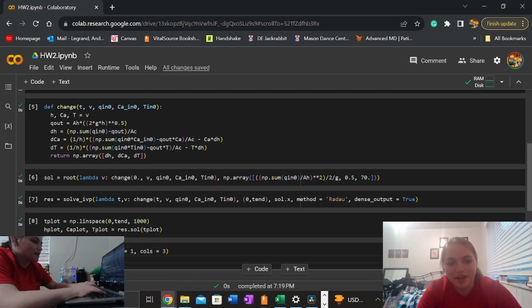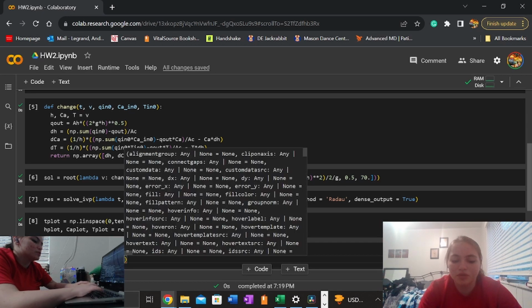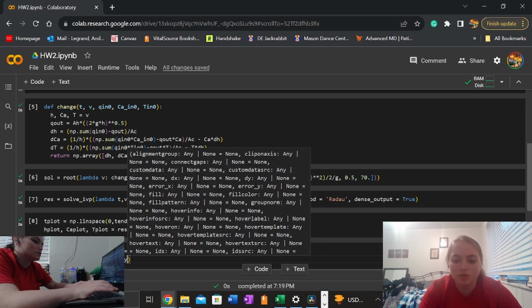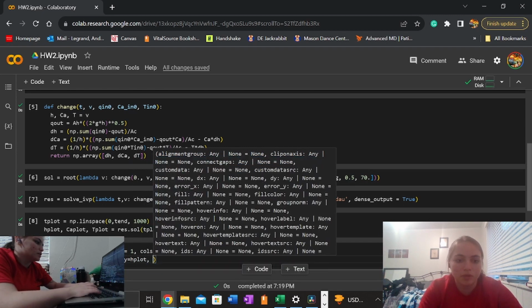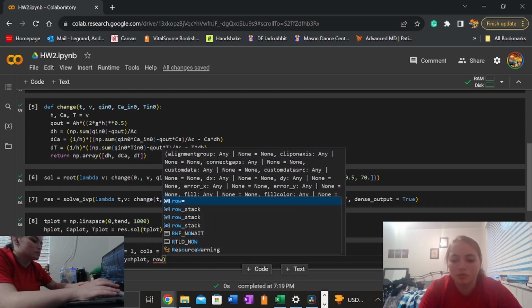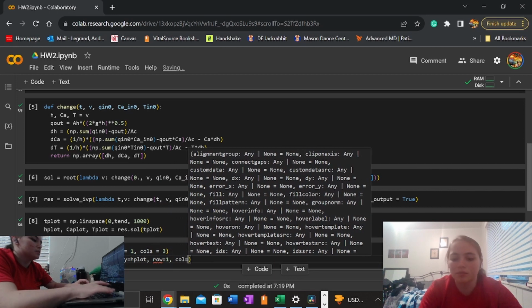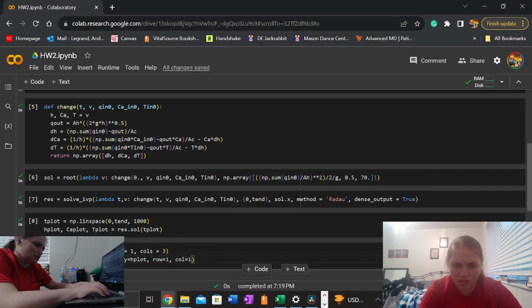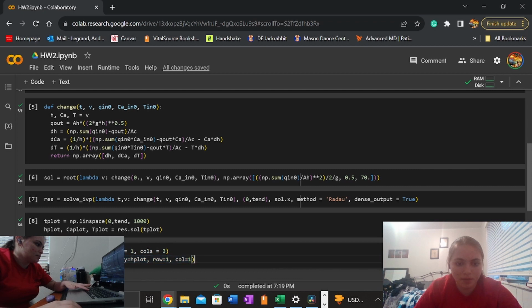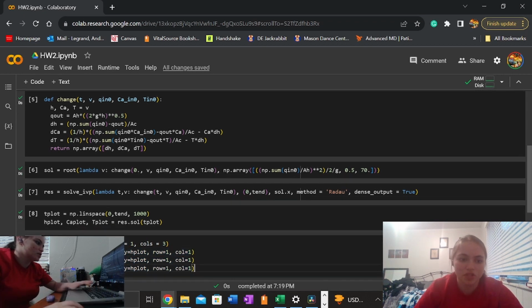Alright, now we can do our x is equal to t_plot, and then our y is equal to h_plot, because this is the first plot. And then we define a row and column, so row is equal to 1, column is equal to 1, and that should be good. Alright, and then to make my life easier, we're going to copy and paste it and just change the variables.